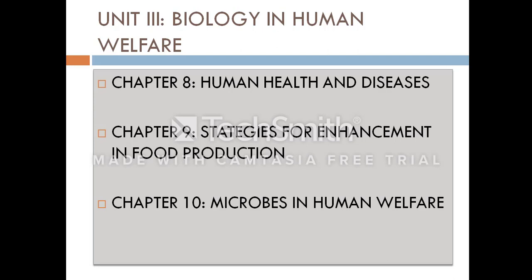And in the last chapter of this unit, we are going to deal with the uses of microbes in human welfare. That is, how the variety of microbes are helpful for humans. We are going to deal with useful microbes in this chapter.